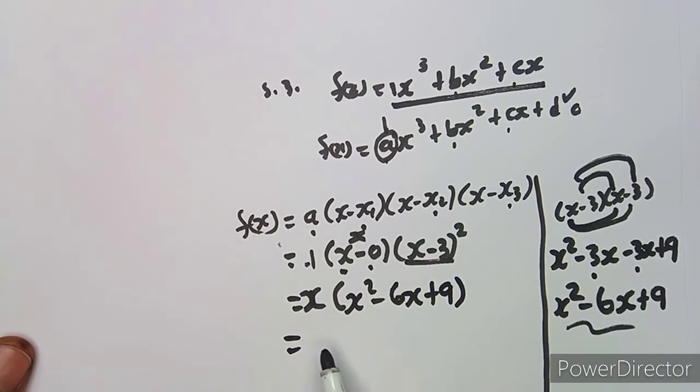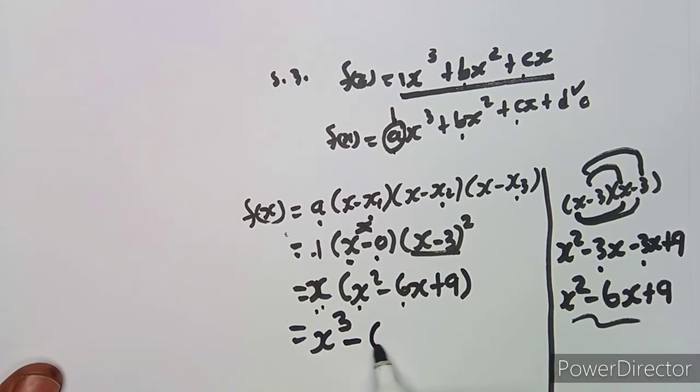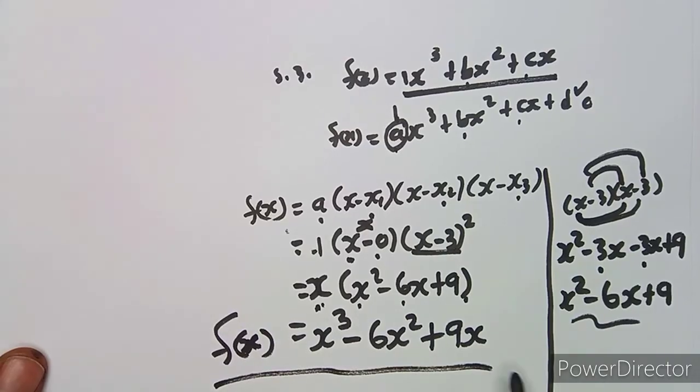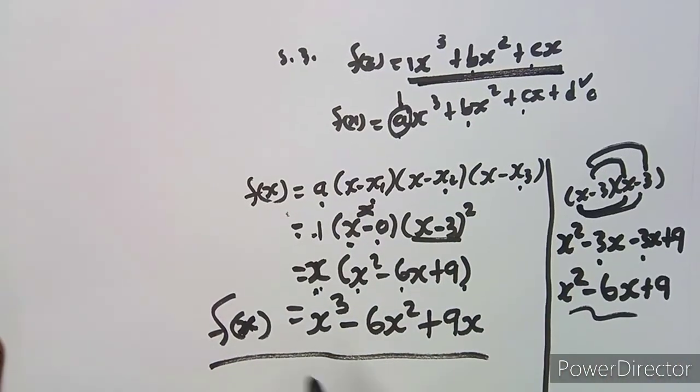Then we can expand by x times x squared, that's x cubed, x times minus 6x, which is minus 6x squared, x times 9, which is 9x. Okay, so take note, this is our f of x in the expanded form, where we can now equate to that f of x that we were given.